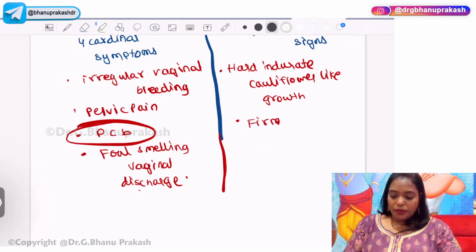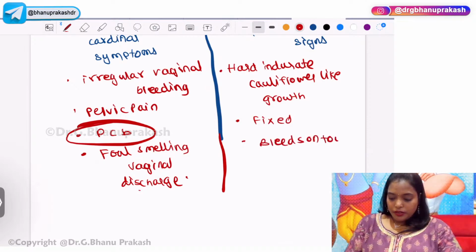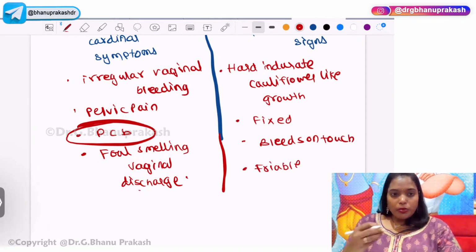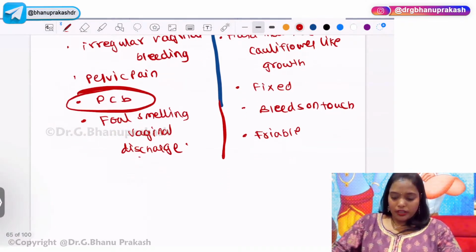That's only hard and firm, right? So it will be fixed. It bleeds on touch. And it is friable. The small pieces can come out, like pieces coming off the top of a cauliflower. The same can happen here.